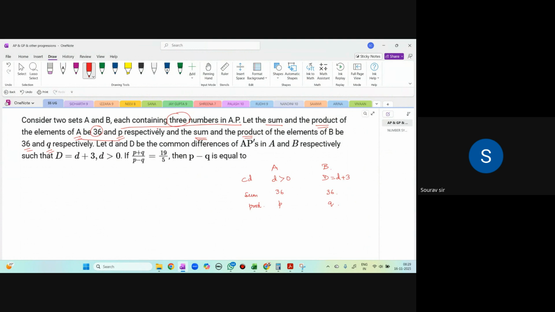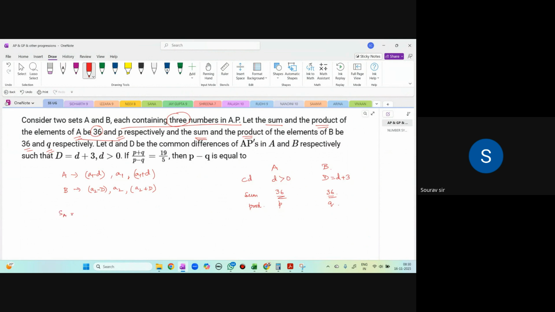But it is easier if I take the terms of the first one as A1 minus d, A1 and A1 plus d. Okay. So this is the first series. And the second series is A2 minus capital D, A2 and A2 plus capital D. Right? So then from the condition of the sum, it is very easy to calculate A1 and A2.